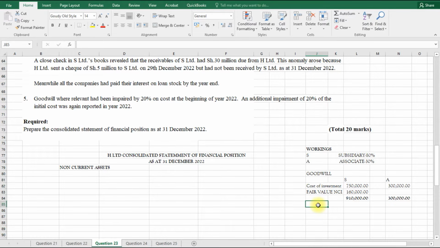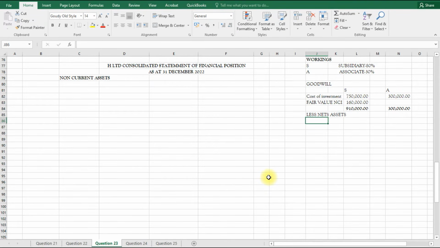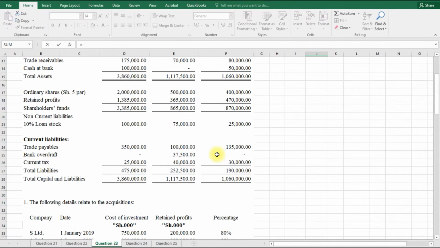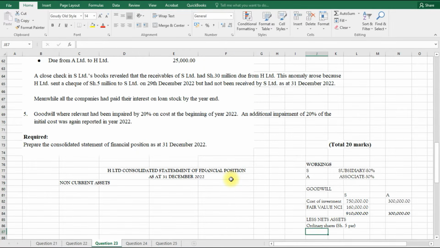Then we less net assets acquired, less net assets that we acquired, and our net assets here shall start with ordinary shares, just put equals our ordinary shares.